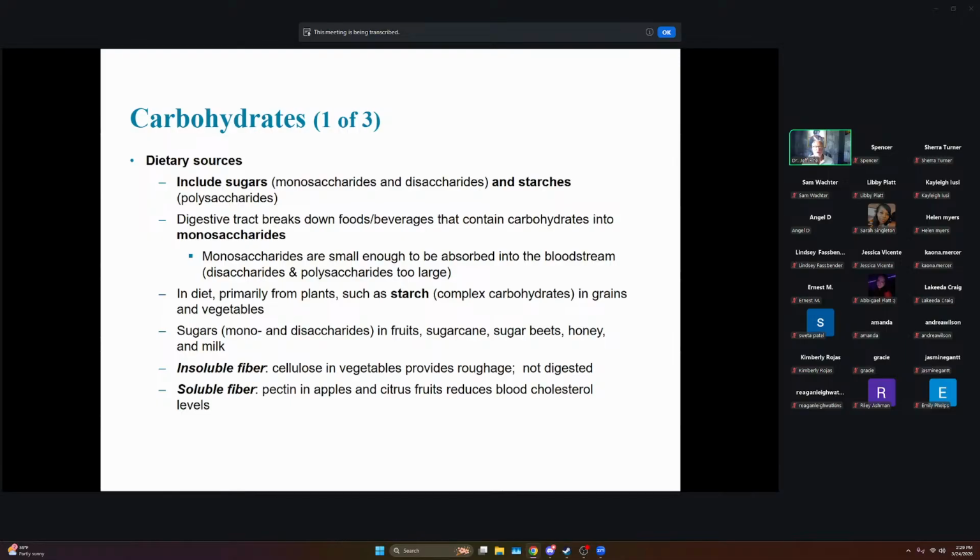But there are two different primary types of carbohydrates. The first ones are sugars, and then the second ones are starches. Okay, and we talked a lot about starch type carbohydrates when we talked about the gastrointestinal system, right? And how the enzyme amylase works on breaking down starch type carbohydrates as early as the oral cavity.